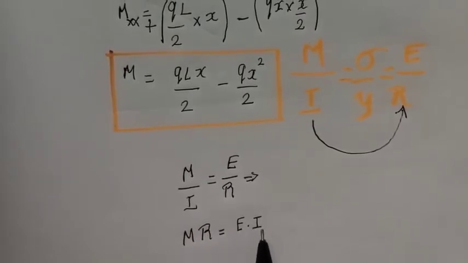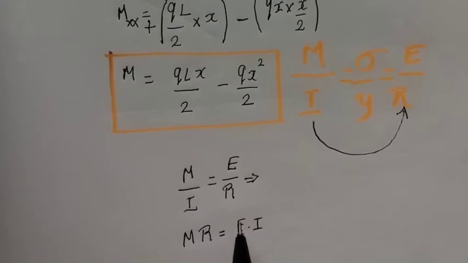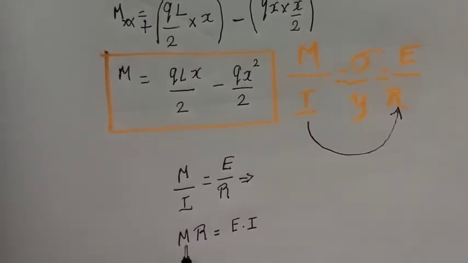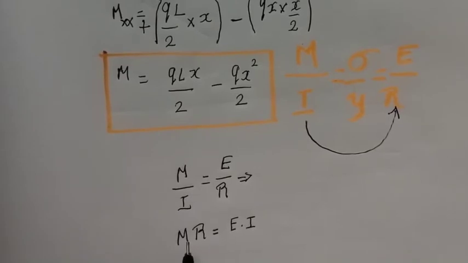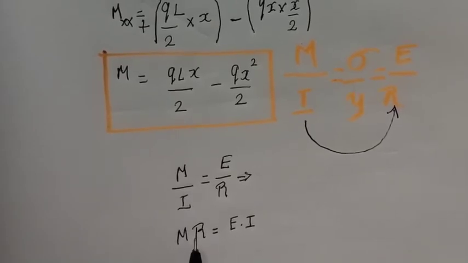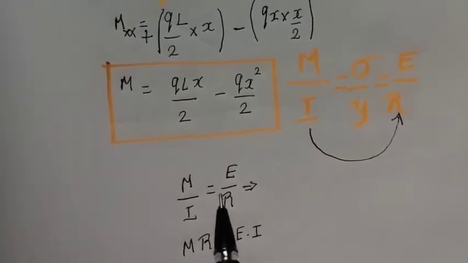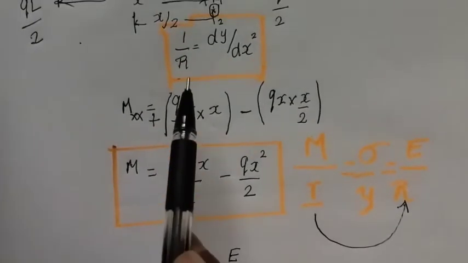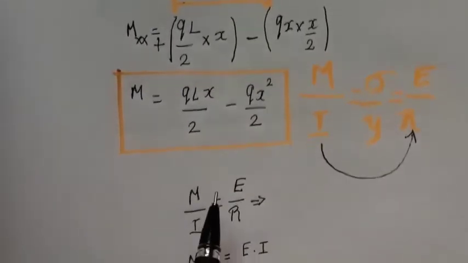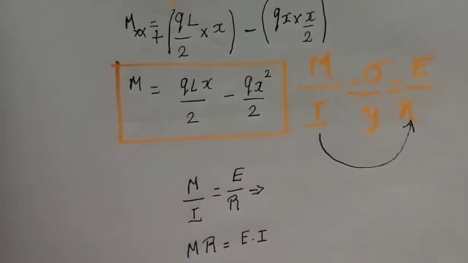And you see that the flexural rigidity is directly dependent on the product of moment and the radius of curvature, for a given load. So I'll just take this value of 1 by R and M and substitute it over here. Let me see what comes out.